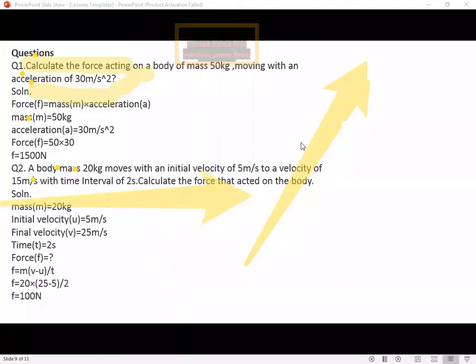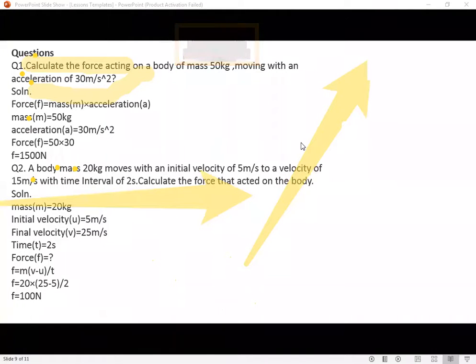So this one, we're given the initial velocity, that's the starting velocity, to be what? 5 meters per second. If you see "to", that means it is moving to the final velocity.